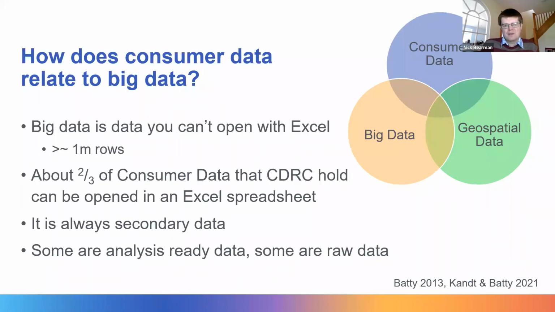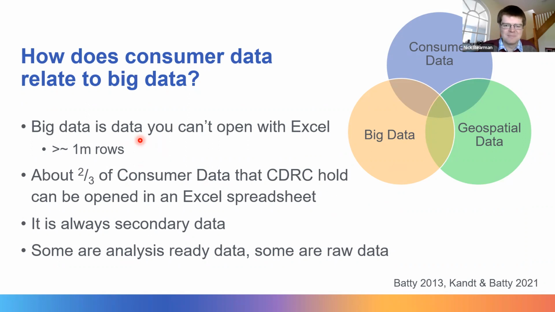So that's a little bit on what consumer data is, but how does it relate to this term big data that you may well have come across as well? Big data is often defined as data that you can't open with Microsoft Excel. We usually interpret that to mean more than 1 million rows of data.